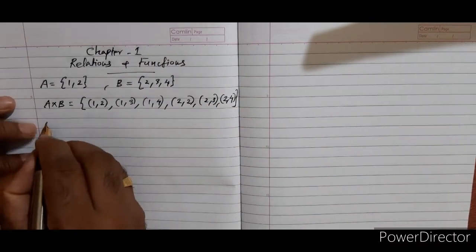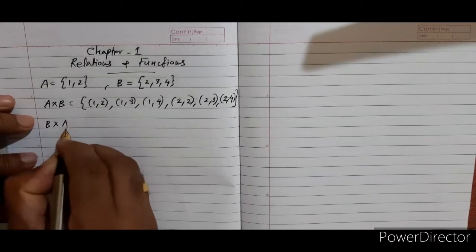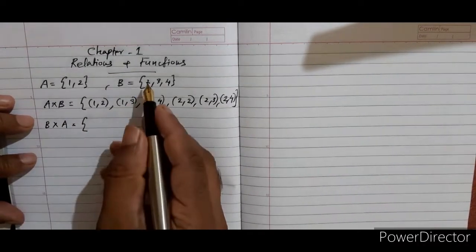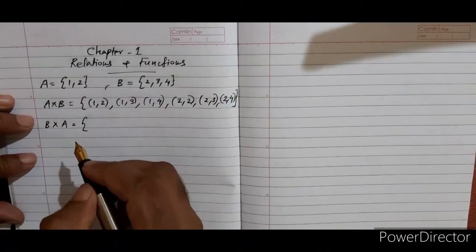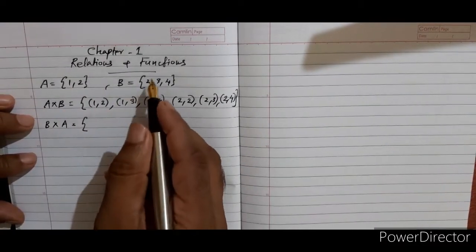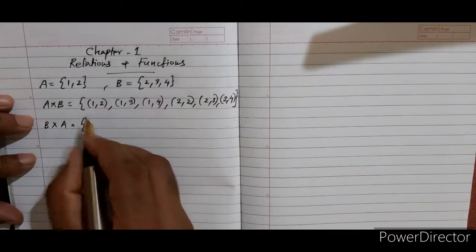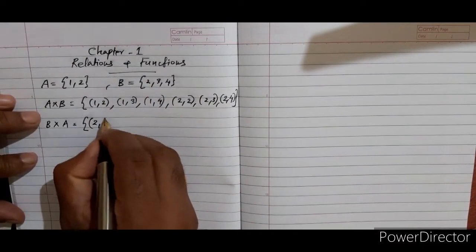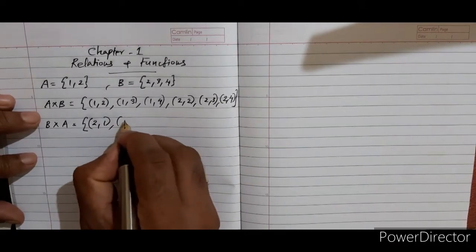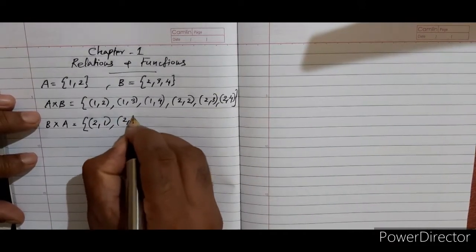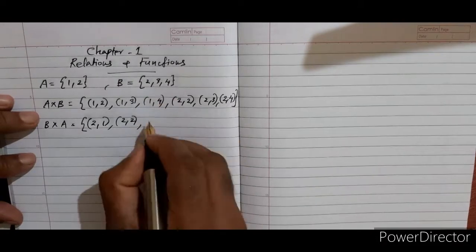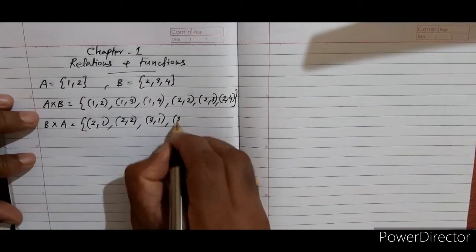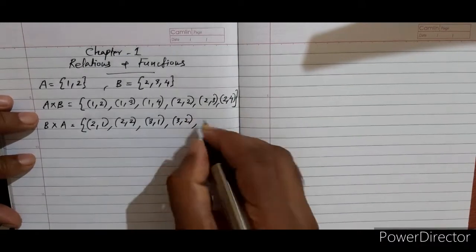If you want, you can find B cross A also. For finding B cross A, you have to take the first element from B and the second from A. That means the X coordinate from B and the Y coordinate from A. So take the first element 2. (2, 1) will be the first ordered pair. Then (2, 2). Take the second element: (3, 1), (3, 2).